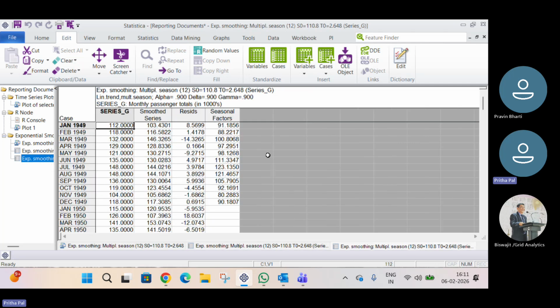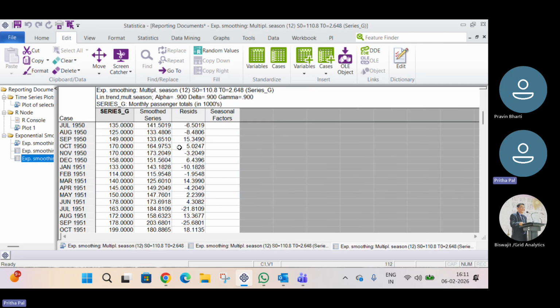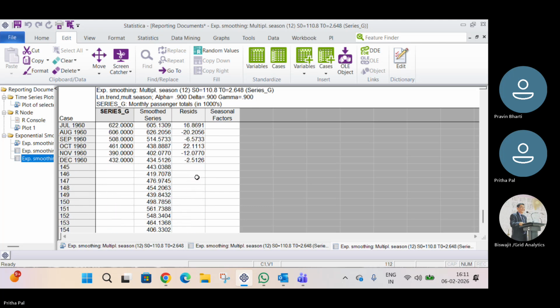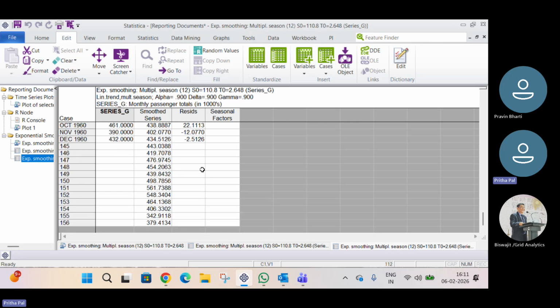And in the exponential smoothing spreadsheet, we can see that from case number 145, it is forecasting for the next 1 year, that is for 1961. So from this error based justification using the mean square error, we can say that the lower mean square error indicates a better fit, which confirms that third exponential smoothing is the best method for our air passenger data.